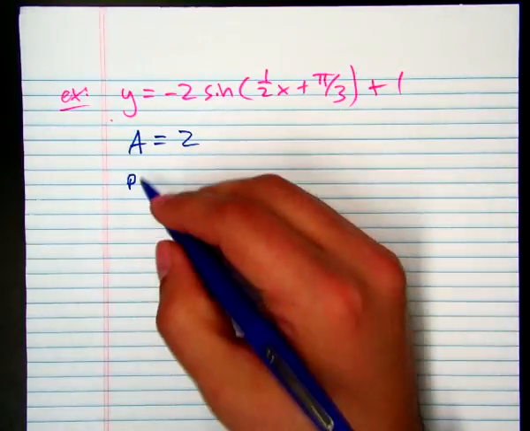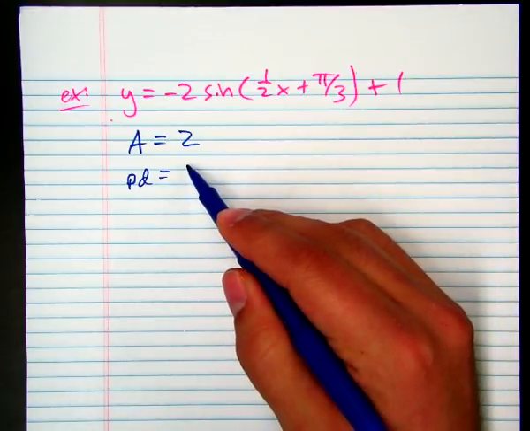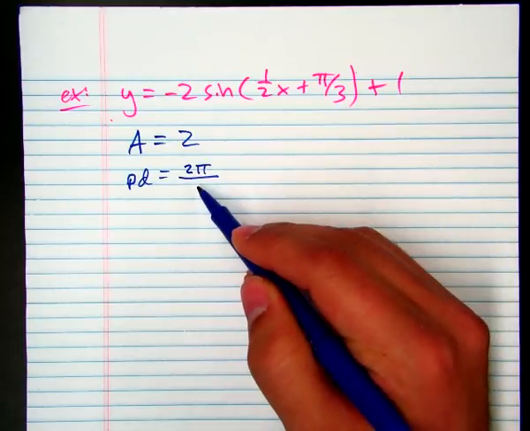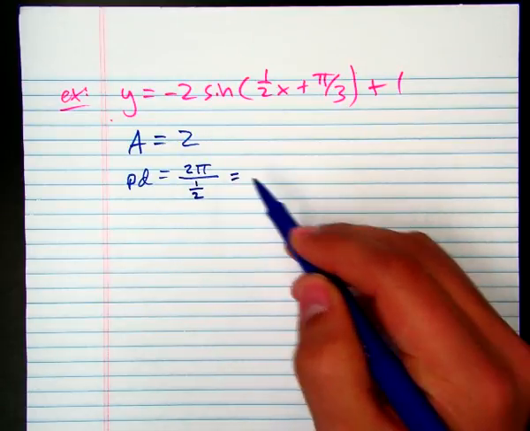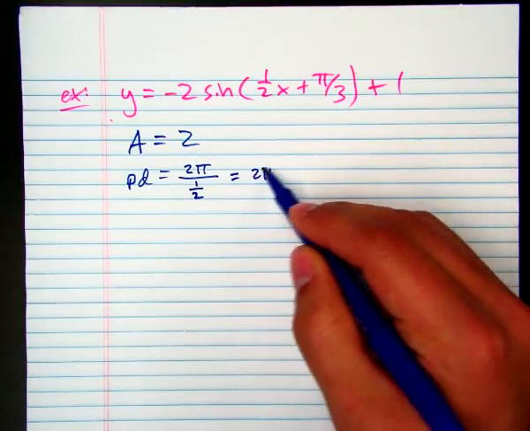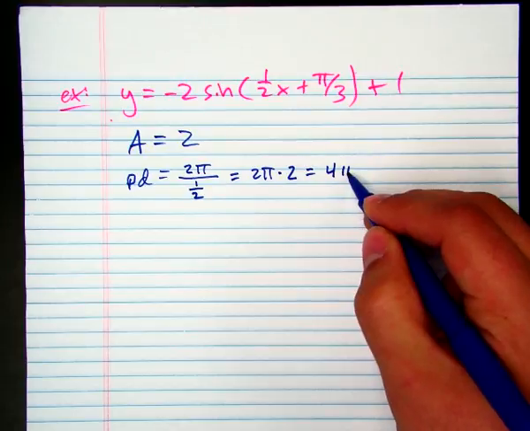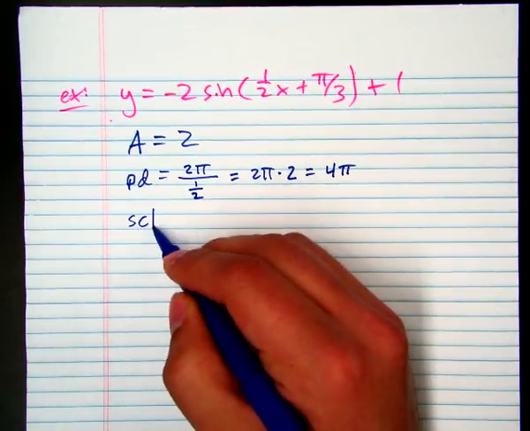What's the period? How do I find that? 2 pi over b, which in this case is 1/2. So it's really 2 pi times 2, which is 4 pi. Okay. We want to use a different scale because the period's different.